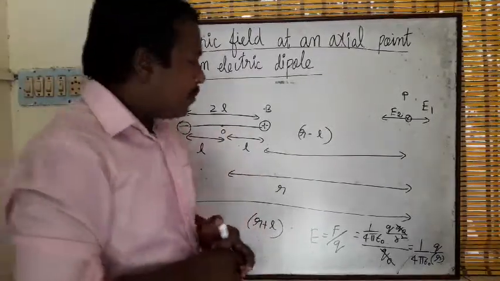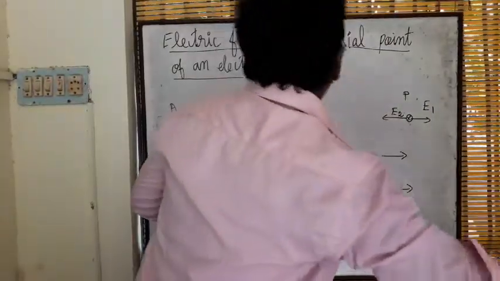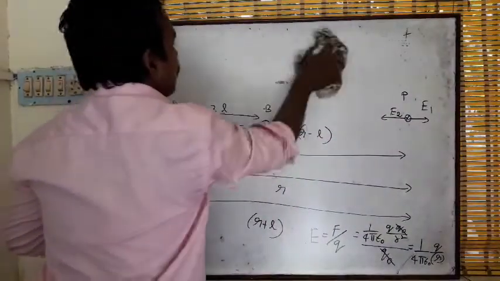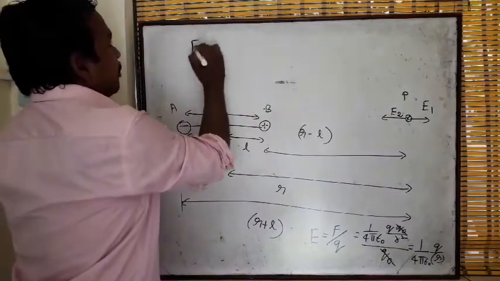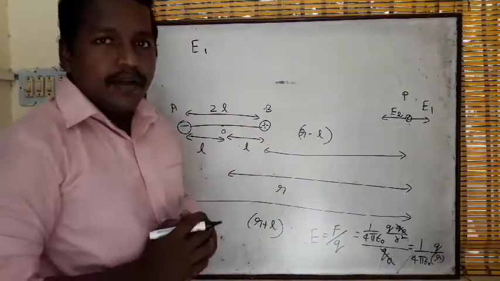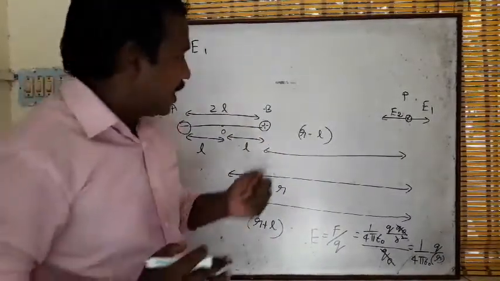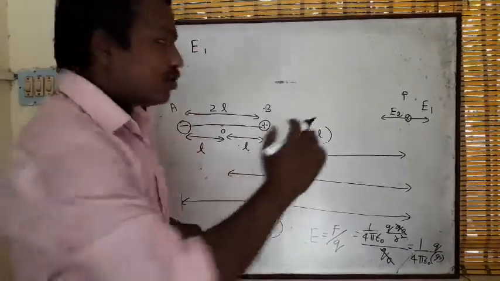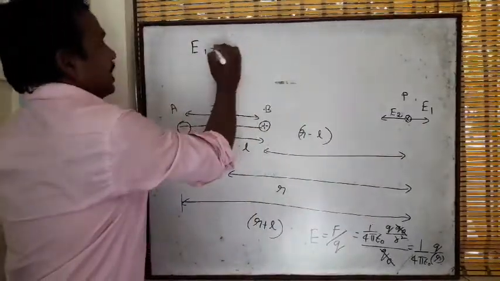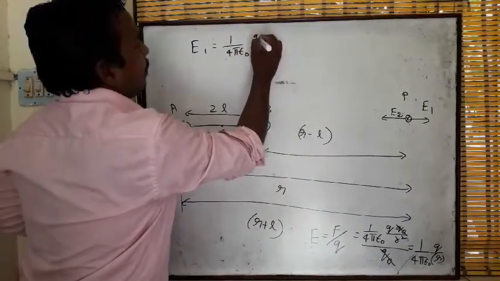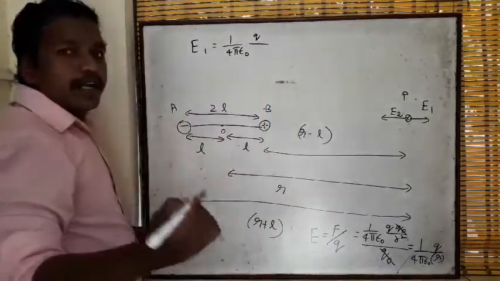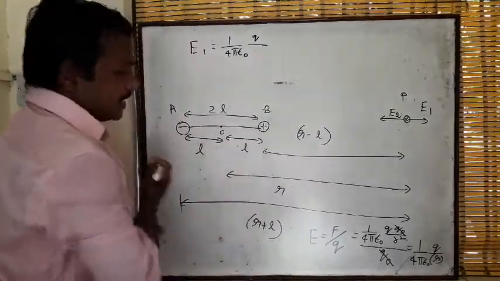Okay, so I am going to tell you how we can write E1 and E2. E1 is the electric field produced at the side of B. E1 is produced due to the plus charge, so it's pointing outwards. E1 is equal to 1 divided by 4 pi epsilon naught, Q divided by R square, where R is the distance.